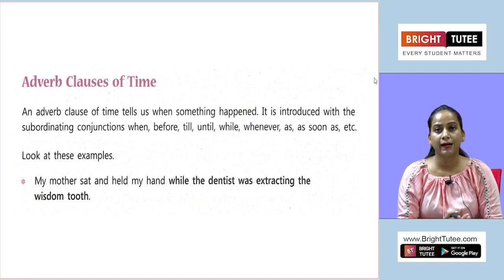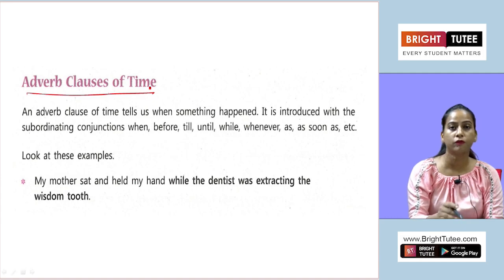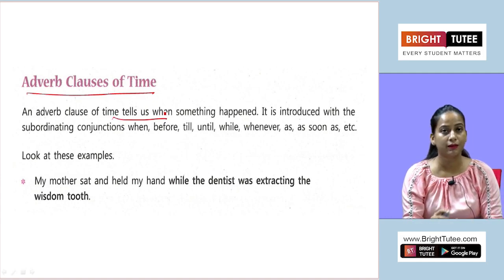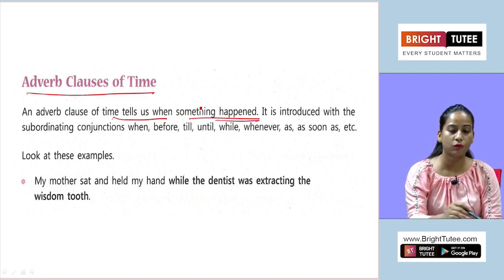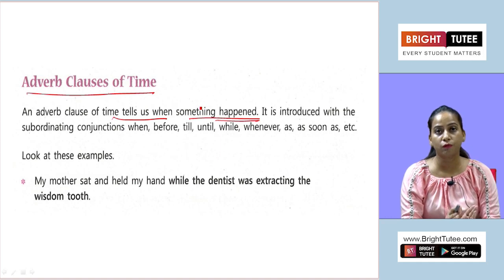As we took the adverb clause of reason, now we are going to talk about the adverb clause of time. This adverb clause of time is going to tell us when something happened. Previously, when we took reason, it was why something happened. Now, when we are talking about the clause of time, we are going to focus on the time period when something happened.